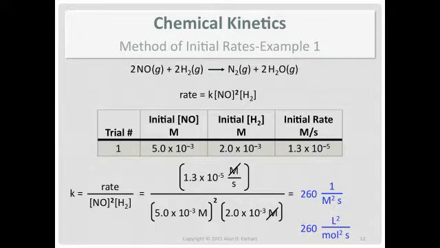You have to include the units on the rate constant because different chemical equations that have different rate laws, different exponents, will have different values for the units.